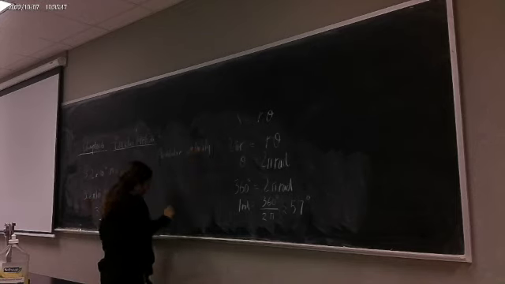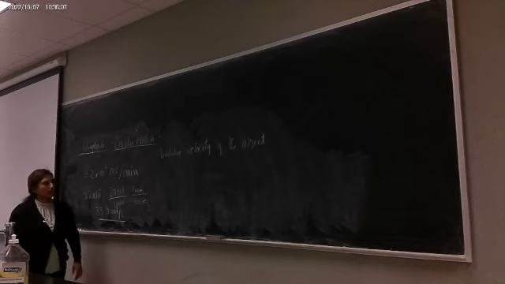Angular velocity, when the theta changes to a final position from some initial position over the time interval, delta theta over delta t. This is defined as angular velocity omega.